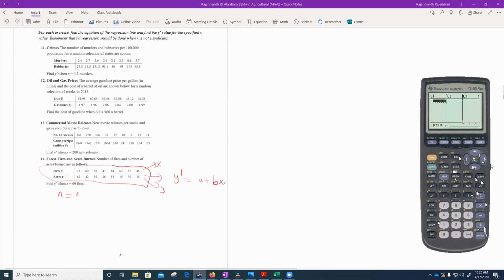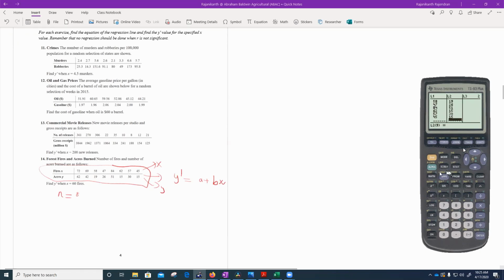Let us enter our x values: 72, 69, 58, 47, 84, 62, 57, and the last one is 45. There are 8 values. Now let's move to my y values: 62, 42, 19, 26, 51, 15, 30, and again 15.